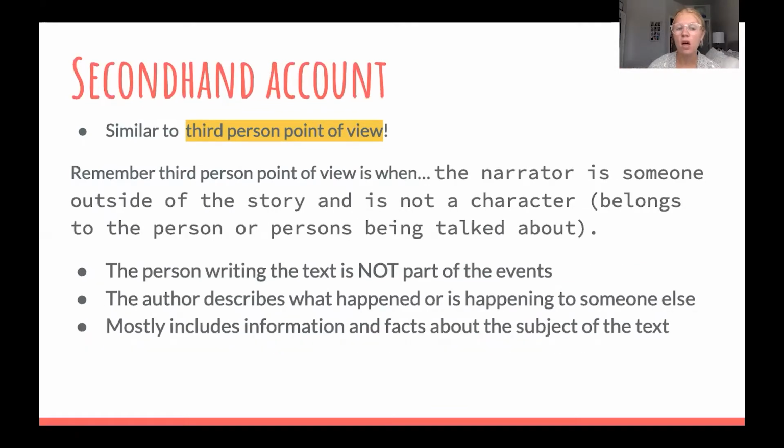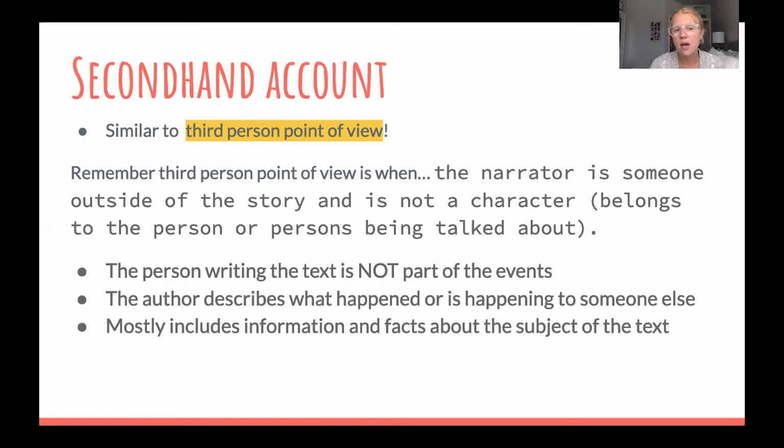Secondhand accounts. In a secondhand account, the person that's writing the text is not part of the events. Now let's look at a secondhand account. We're looking at a secondhand account so we are able to recognize the differences between a secondhand account and a firsthand account.